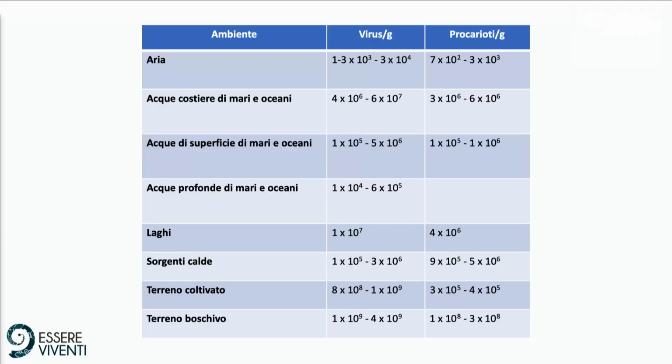And where are they more common? Well, everywhere on the planet. We need to bear in mind that most of our planet is made of water, so that means that most viruses are living in water. If we take coastal water, for instance, we have at least a few million different types of virus for each milliliter of water.